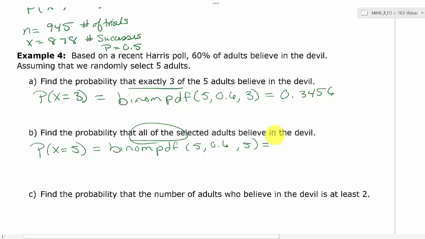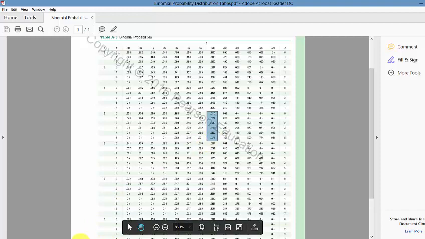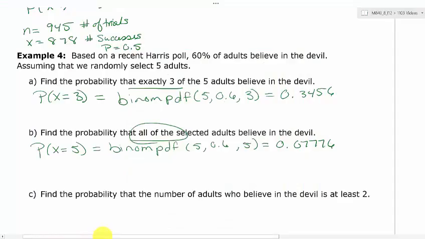Our number of trials is 5, our probability is 0.6, and our x value this time is also 5. And so this time we get 0.07776 is what our calculator gives us. And if we take a look at our table, we'll see that we get the same thing, 0.078. So if we round our calculator value, we would get the same thing that we got from the table.